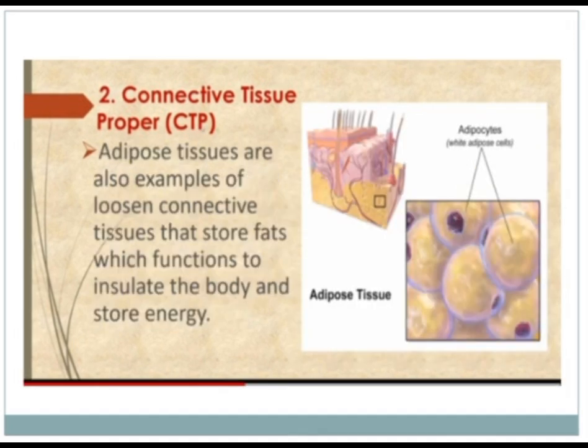Ang adipose tissue, ang CTP, makikita po underneath ng ating skin layer na nag-i-store po ng mga fats. So, alam natin na ang fats ay meron itong naitutulong sa ating katawan. Nagsisilbi po itong insulator. Dito din po ini-store yung mga excess na sugar.